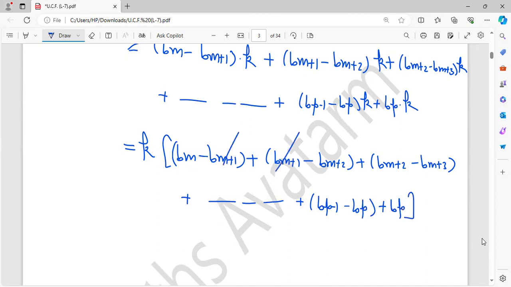These cancel out, and similarly the others cancel out. So what term is remaining? K times Bm.